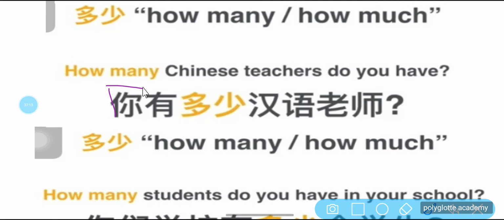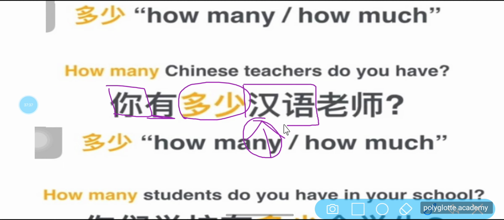Now for this case, we have 你有多少. You discover that the measure word 个 has been omitted. So 你有多少汉语, Hanyu, as I told you, is another way of saying Chinese language.